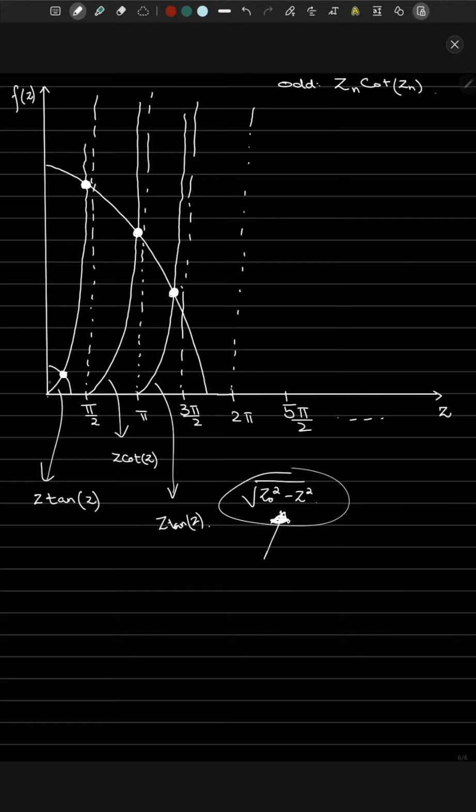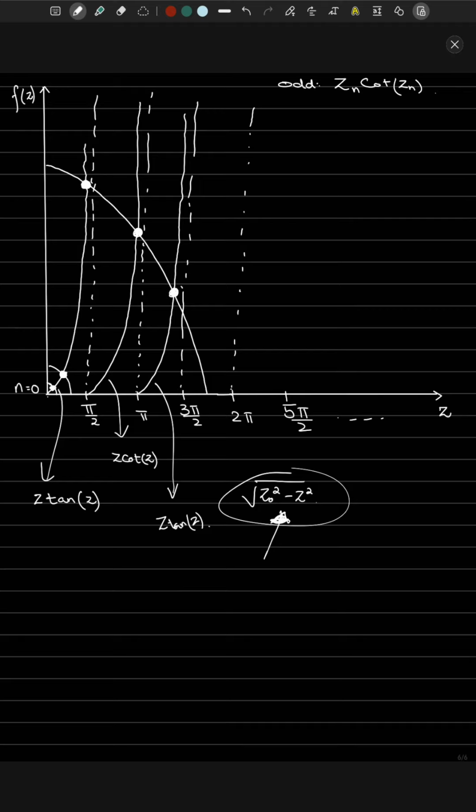I could make this extremely small such that it goes to zero, but you'd still have one energy state, which is n equals zero, right?